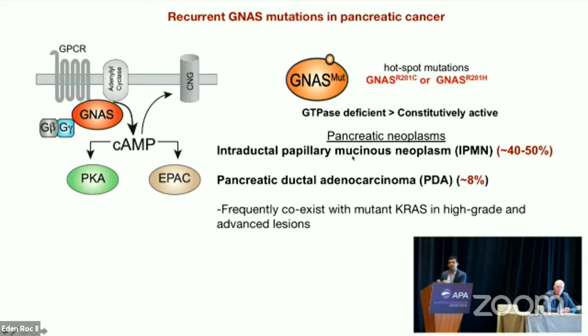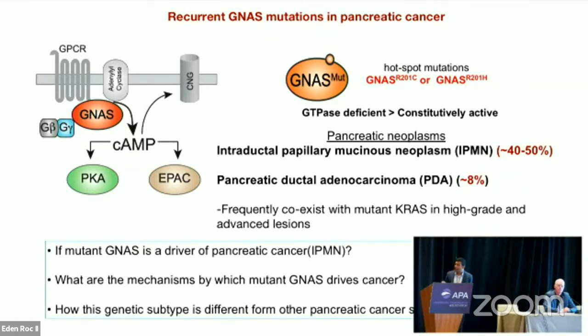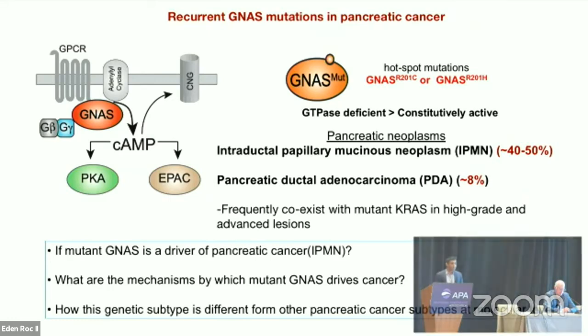What is unusual with IPMN is that although KRAS is considered a driver of pancreatic cancer, in high-grade IPMN you will find coexistence of both KRAS and GNAS. So we were interested in studying GNAS mutant IPMN, and we wanted to ask three important questions.